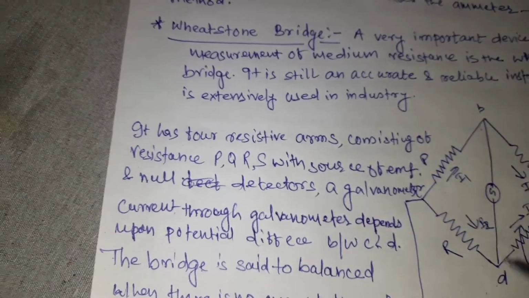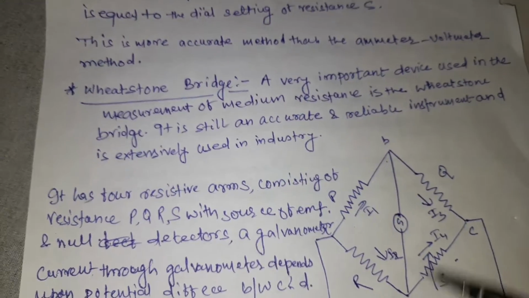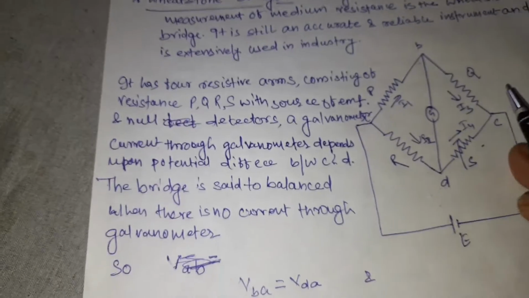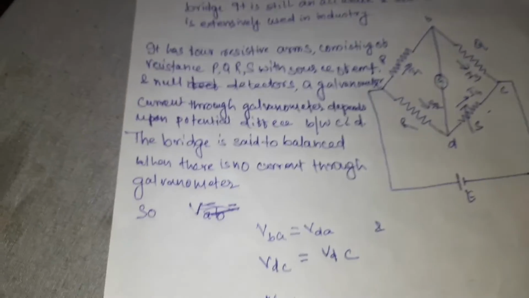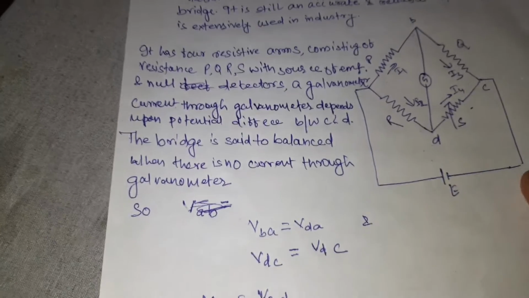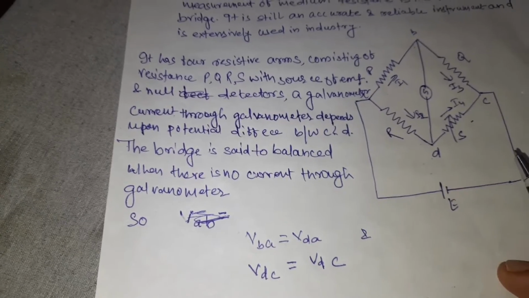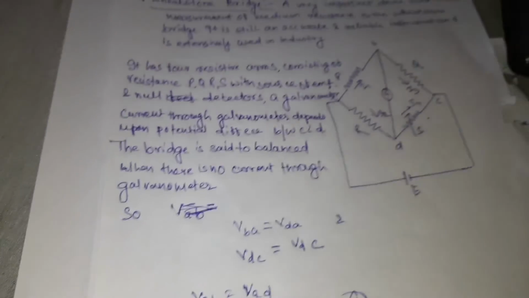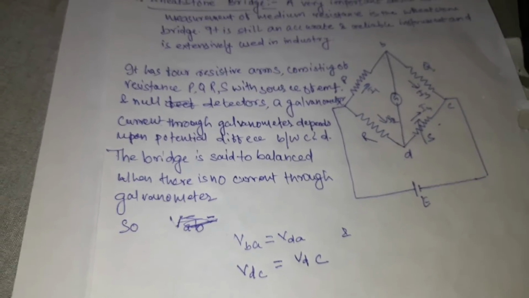If they are the same, then there is no voltage difference between B and D, no current flows through the galvanometer, and the bridge is balanced. In the same way, the voltage drop across AB is equal to the voltage drop across AD.